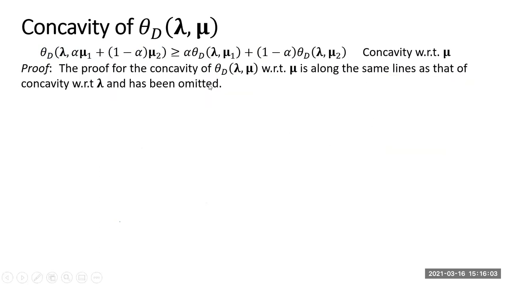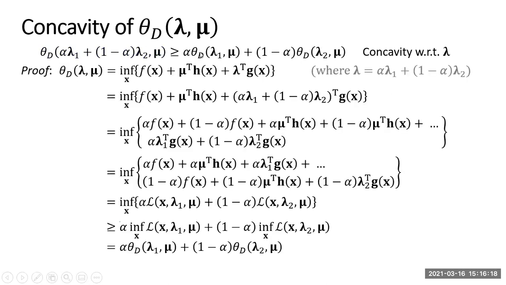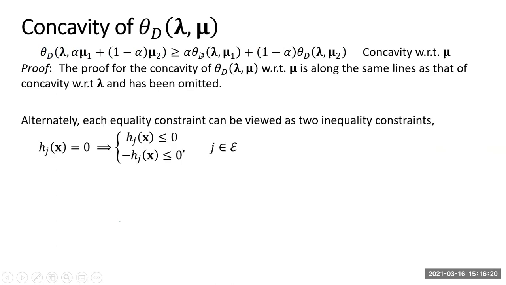Now, concavity with respect to mu is practically identical, so I have omitted that part of the proof. The other way to show this is that an equality constraint can be viewed as two inequality constraints.